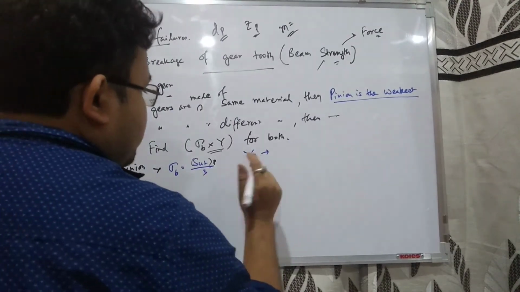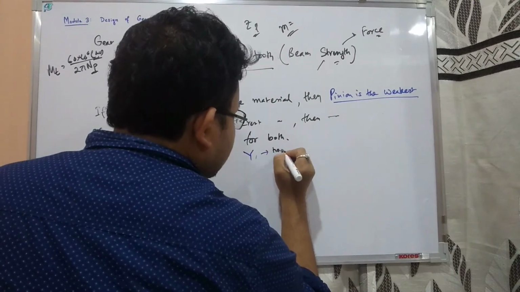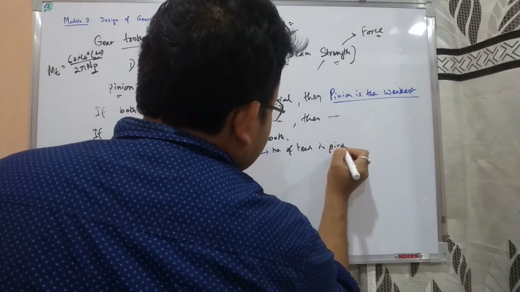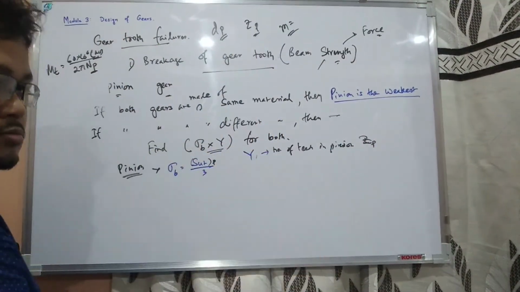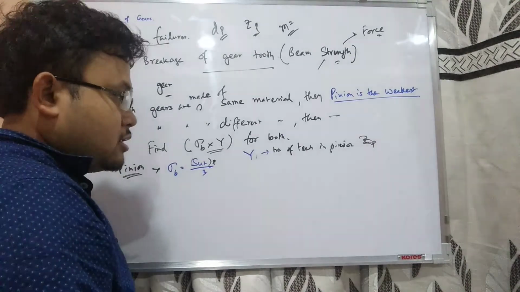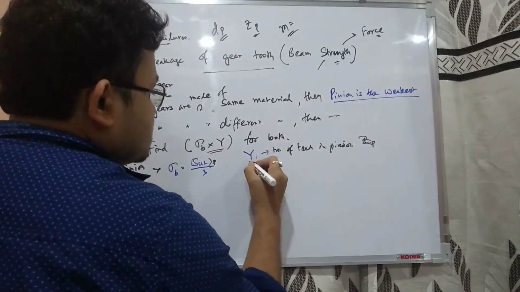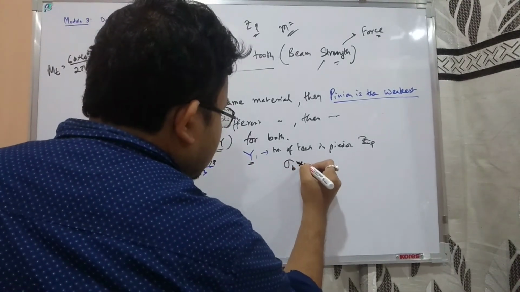Find sigma B. For Y, you need to know the number of teeth in the pinion. ZP will be given, or you have to somehow get the value. Using this, you get your Y value, that is the Lewis form factor. You multiply sigma B by Y.